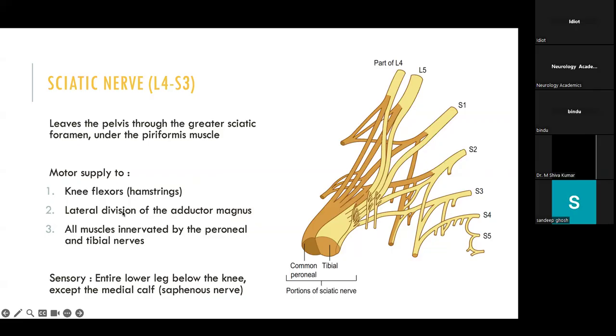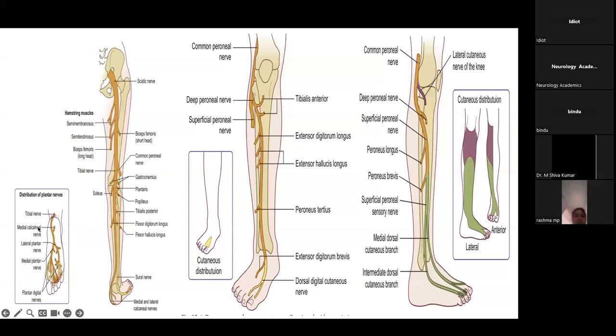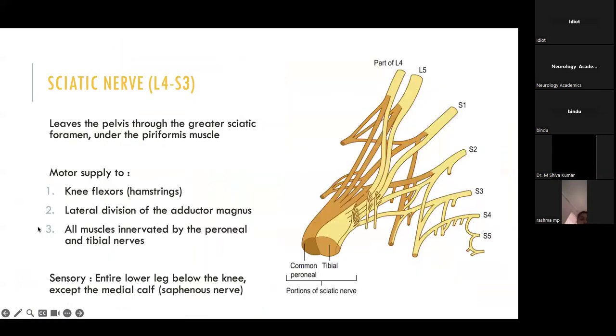It supplies the knee flexors, hamstrings, and also the lateral division of adductor magnus. All muscles innervated by peroneal and tibial nerves. And the sensory supply is the entire lower leg below the knee, except the medial calf, which is supplied by the saphenous nerve.